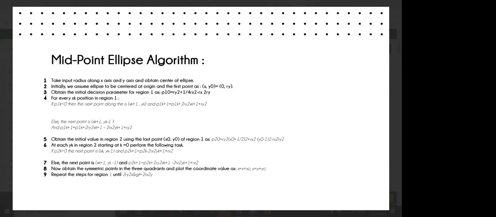All right. So for every xk position in region one, you get these formulas.